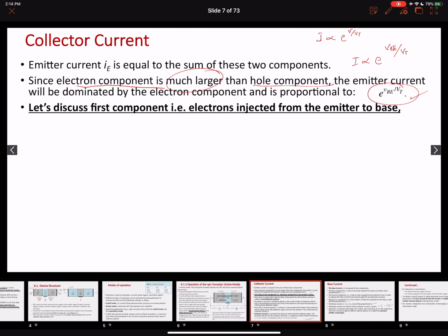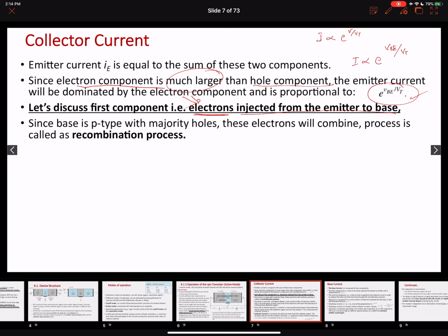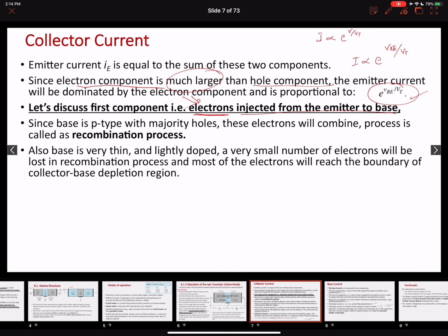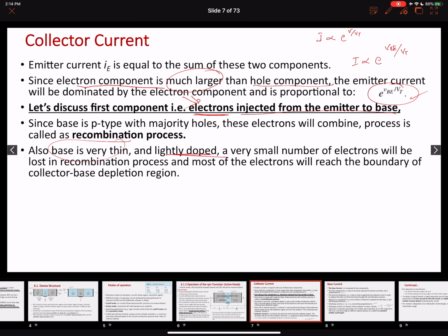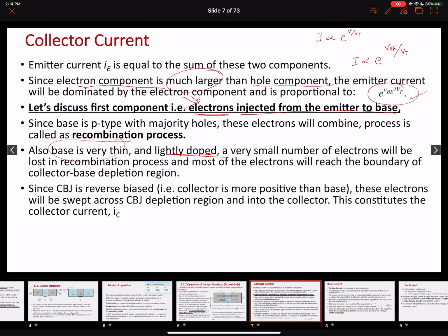So this is what we just talked about. In this current component, electrons were injected from the emitter to the base, and some of these will combine with the holes and be neutralized in a recombination process. Again, our base was very thin and very lightly doped, and our collector-base junction was reverse biased. That is why they will be swept across that junction and move to the collector terminal.